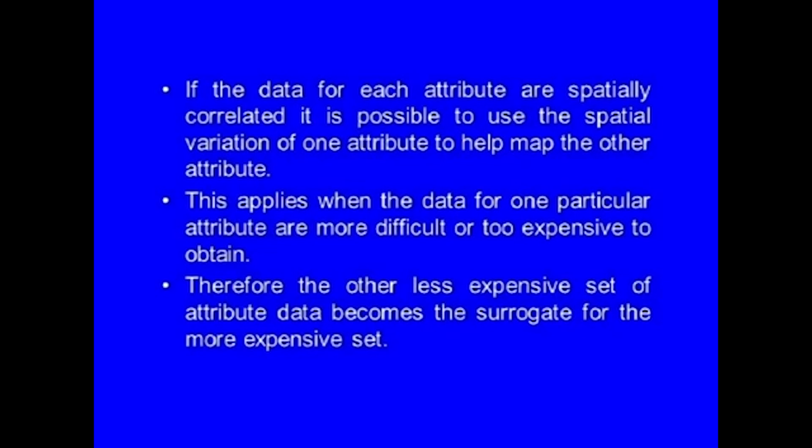This applies when the data for one particular attribute are more difficult or too expensive to obtain. Therefore, the other less expensive set of attribute data becomes the surrogate for the most expensive data set.